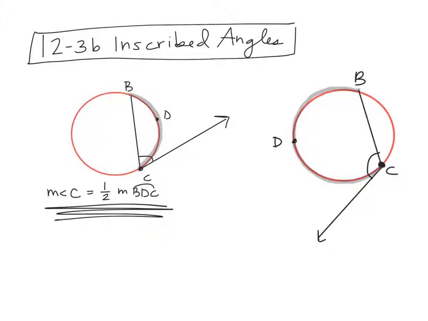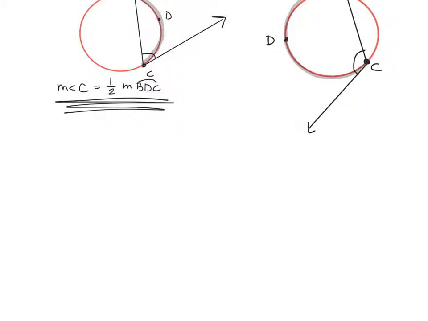So let me give you a few examples of that. So this is like example 3 in the book, I believe. They're going to tell you line AC is tangent.